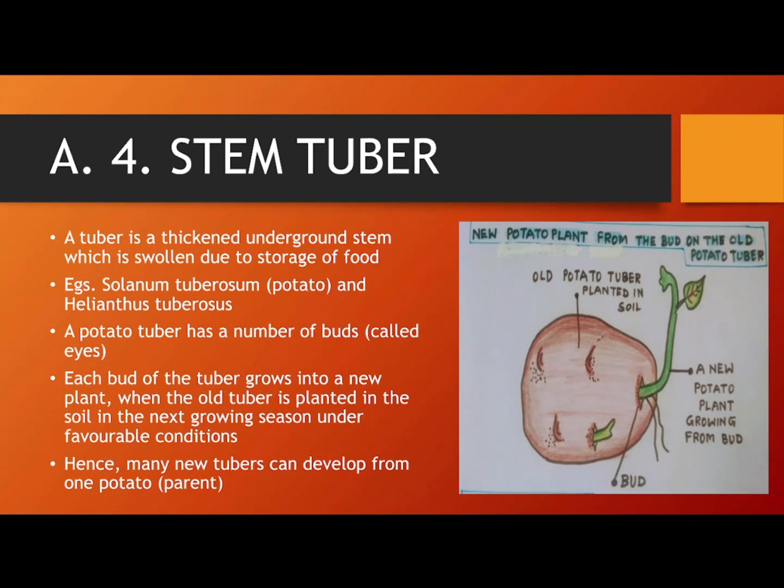Each of these buds, making use of the food available in the potato tuber, gives rise to a new baby plant. These baby plants start growing above the soil, producing the leaves and flowers. All this will happen only during the time of favorable conditions. Till then, the potato tuber remains inside the soil, undergoing dormancy.